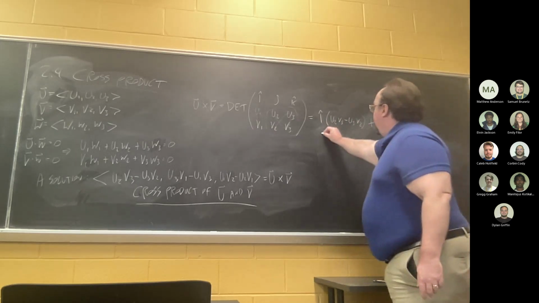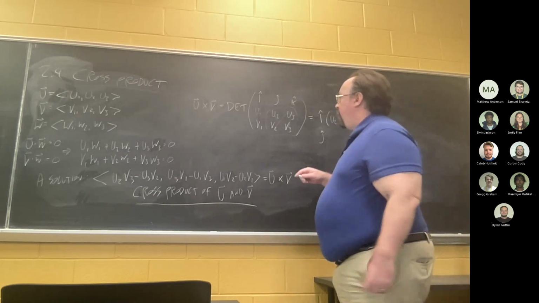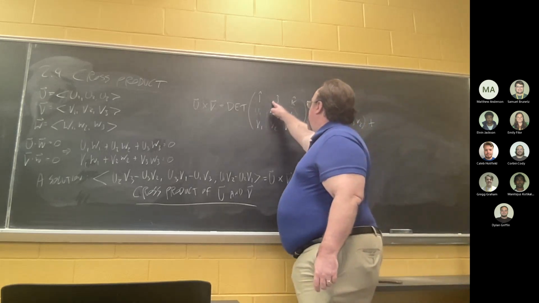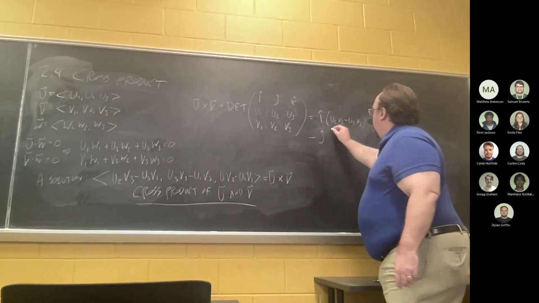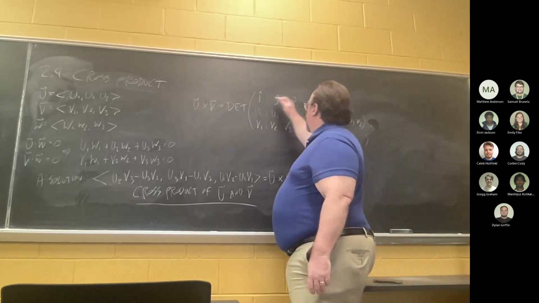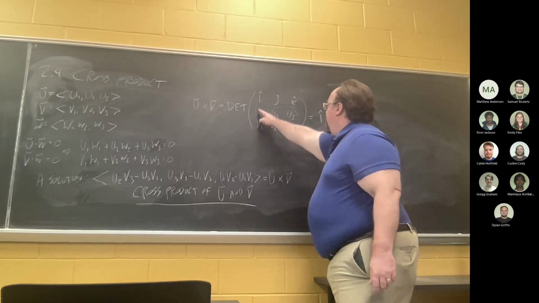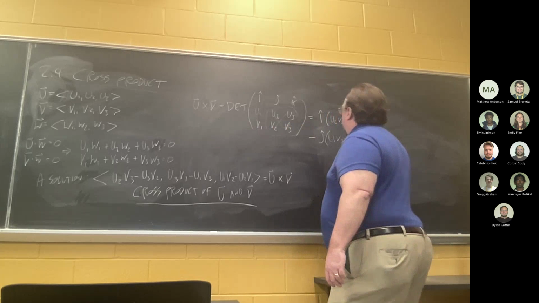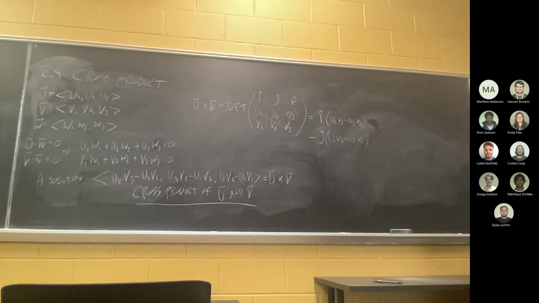And then for j, by the rules of computing 3x3 determinants, you would actually go minus j times the determinant that you get by covering up the first row and the second column. So then you'd have u1v3 minus u3v1, this times this minus this times this. I realize it's getting cluttered.